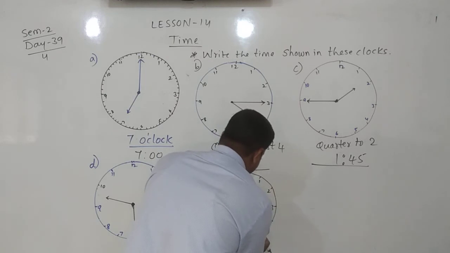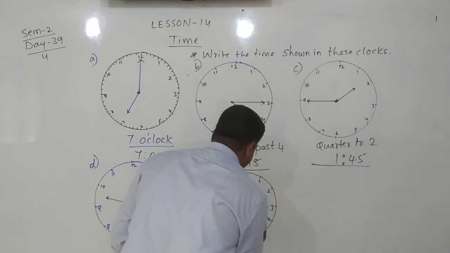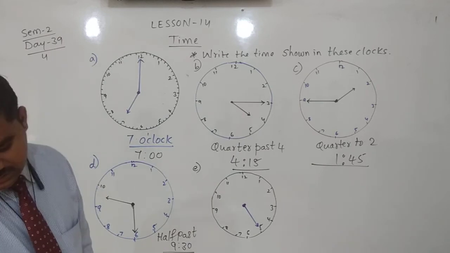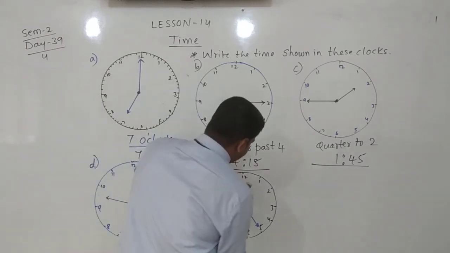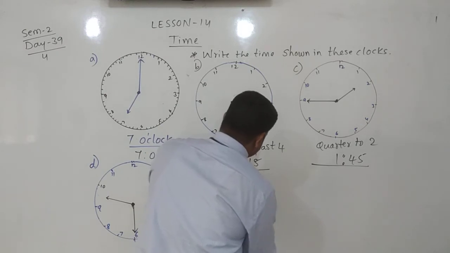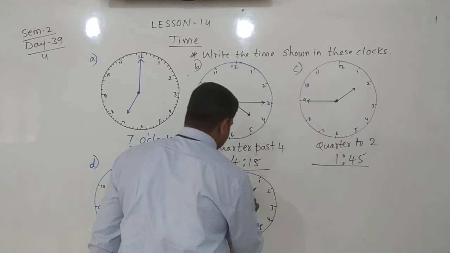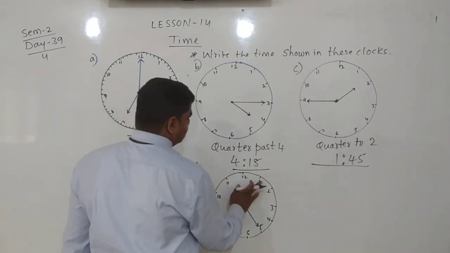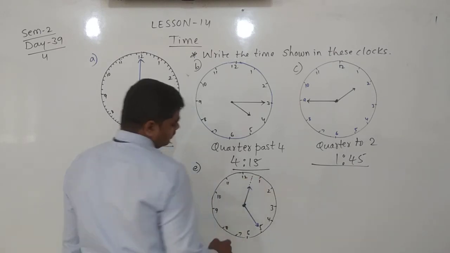Here the minute hand is pointing at 5, and the hour hand is after 12, between 12 and 1. The hour hand is the shorter hand than the minute hand.